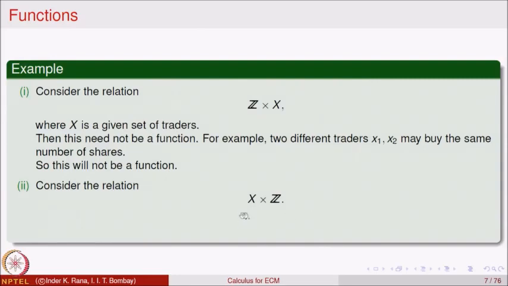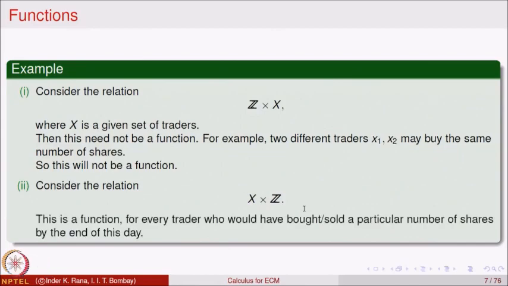So, then this set X cross Z, which can be treated as a relation, is also a function, right, because every trader will either buy or have no activity or will sell. So, for every trader there will be a unique number associated with it. So, that gives us a function at the end of the day. So, these are some examples of functions.